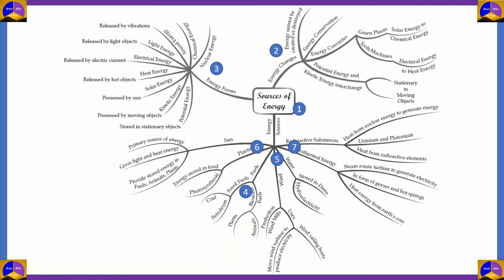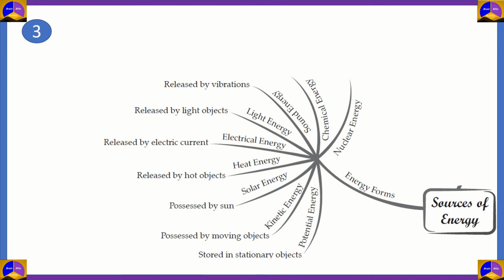Now, let's look at some forms of energy. And we've already discussed potential and kinetic energy. Potential energy is found in stationary objects, and kinetic energy is found in moving objects. But when we're talking about energy and its sources, it is a good idea to look at the types of energy sources that we use.